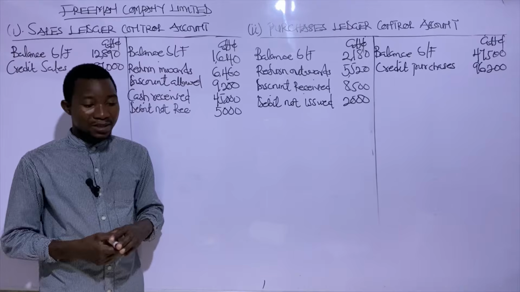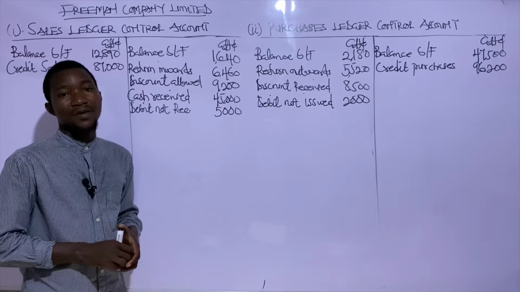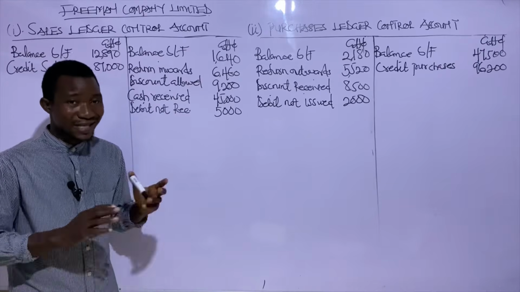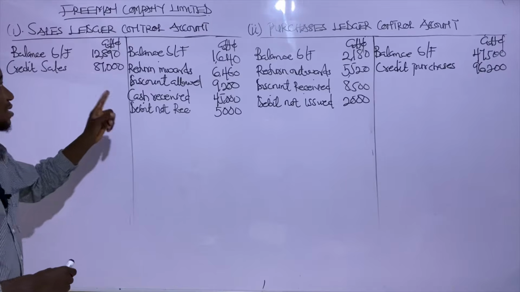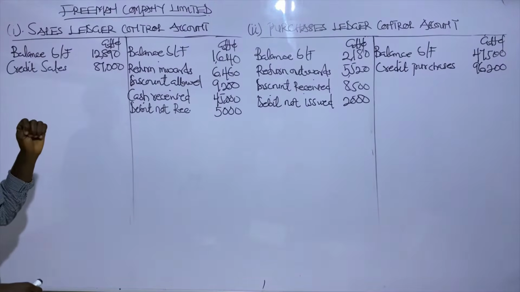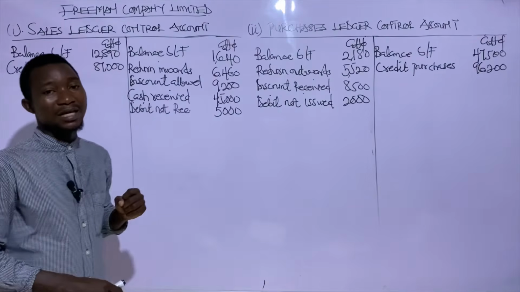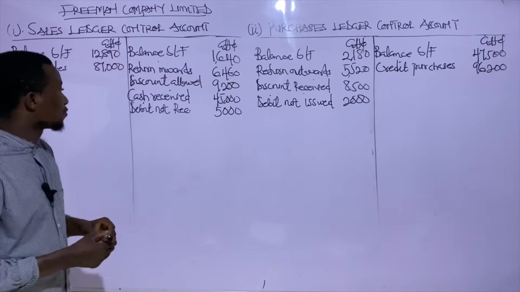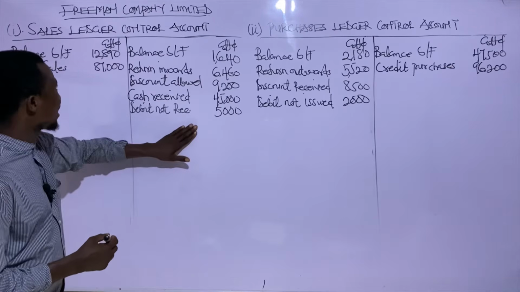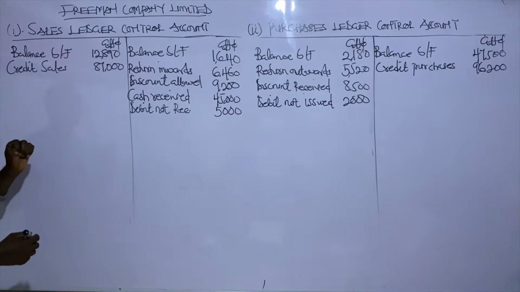The next item is contra settlement. When we talk of contra settlement, we are talking about set off. Set off is when a balance on the sales ledger control account is being used to cater for that of the purchases ledger control account balance. Set off will be recorded at the credit side of the sales ledger to reduce the balance of the total debtors.